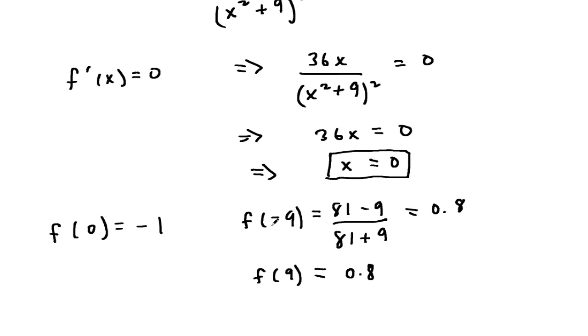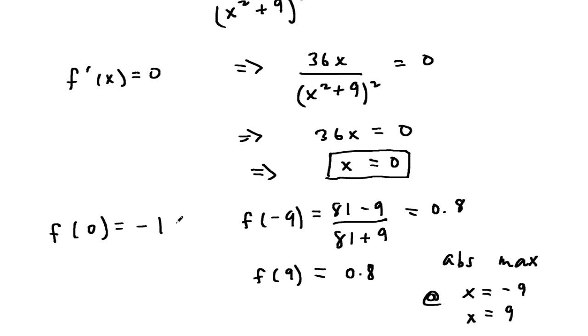Now let's look at which value is the largest. We have 0.8. So we have absolute maximums at 2 places, -9 and 9. So we have an absolute maximum at x equals -9 and x equals 9.